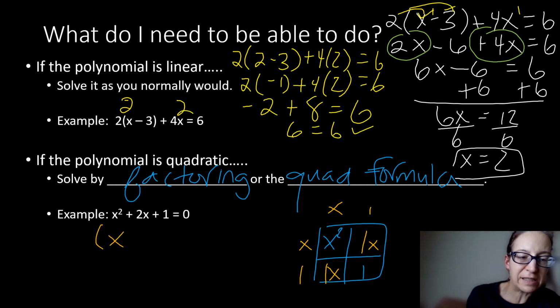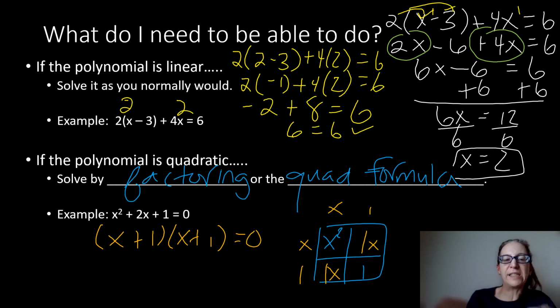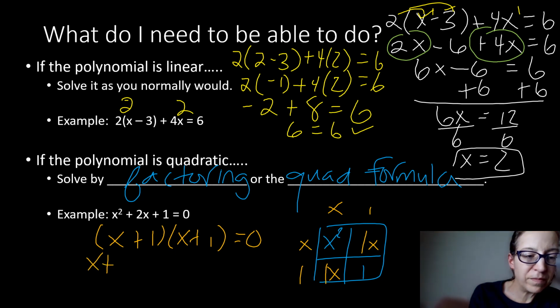So we have x plus 1 times x plus 1. The zero product property states that if you have two things multiplied together and the product is 0, then one of these has to be a 0. We subtract the 1 from both sides, and we end up with x is equal to -1.